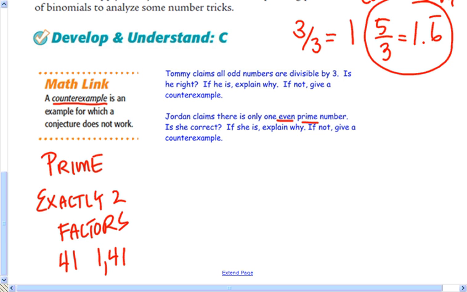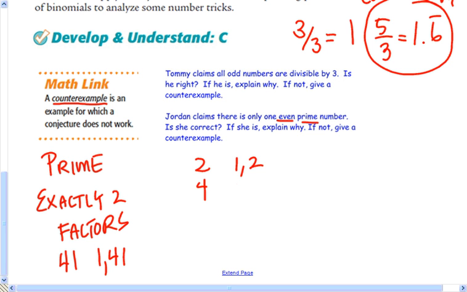So Jordan says there is only one even prime number. And I think she's thinking about the number 2. The only factors of 2 are 1 and 2. And let's just check a couple more, see if we can find a counterexample to that. See if we can find another even number that has only 2 factors.